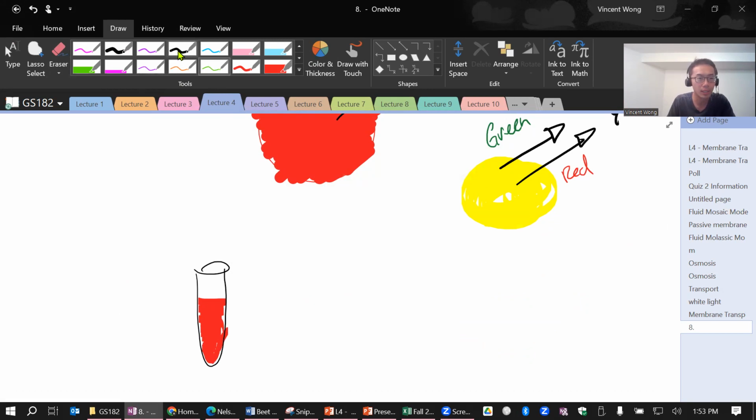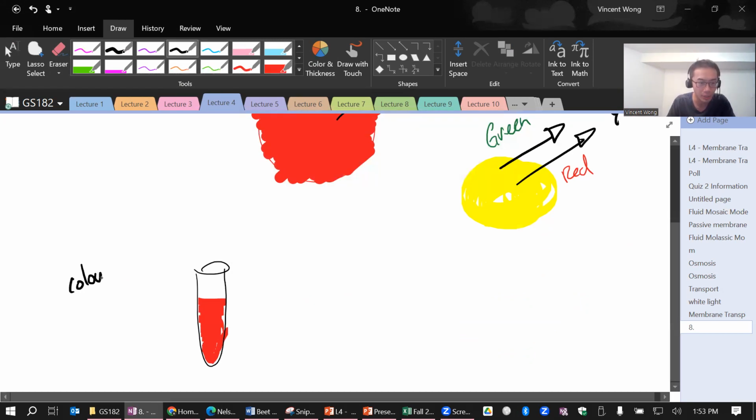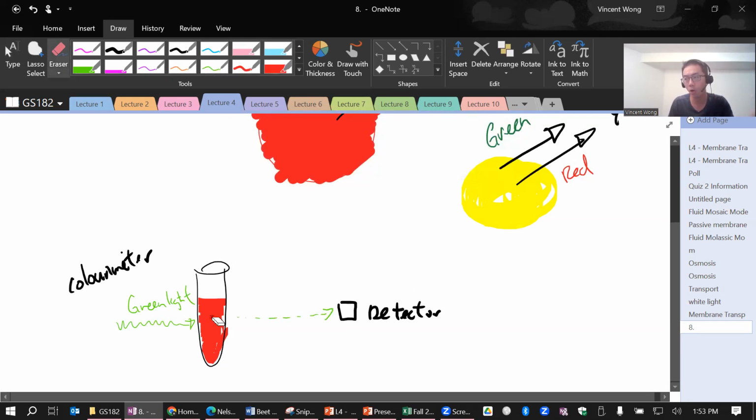The colorimeter creates a green light beam, and there is a detector that detects how much green light passes through. The more red it is, the more green light is absorbed.